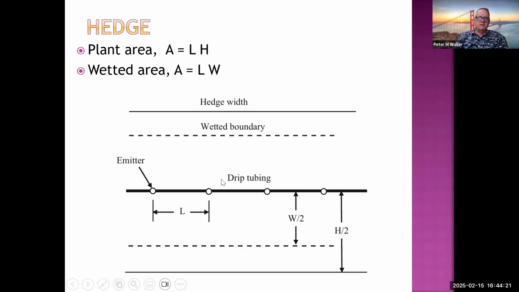That way you don't have to worry about the length of the entire hedge. You can just design your schedule based on the area watered by one emitter. And then the wetted area per emitter is just the length between emitters and the wetted width of each emitter. So that's how we're going to calculate that.